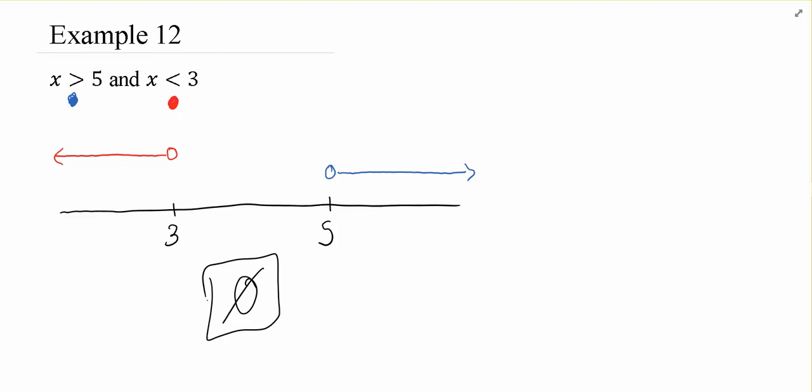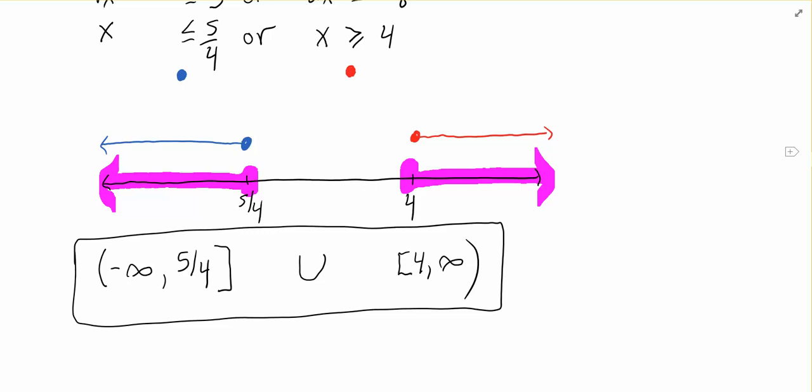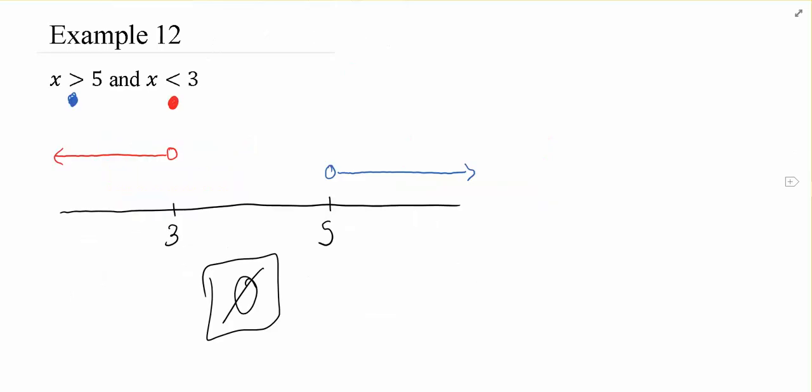So I do want to point out that this looks really similar as far as the work above the number line to our example 11. Example 11 had the blue going in one direction, the red going in another direction, and we didn't have no solution. But that's because we had an or. The word that we have makes all the difference in the world.